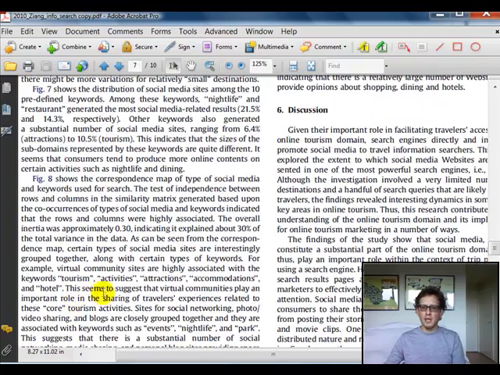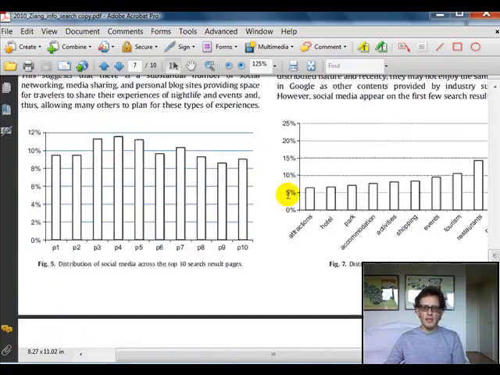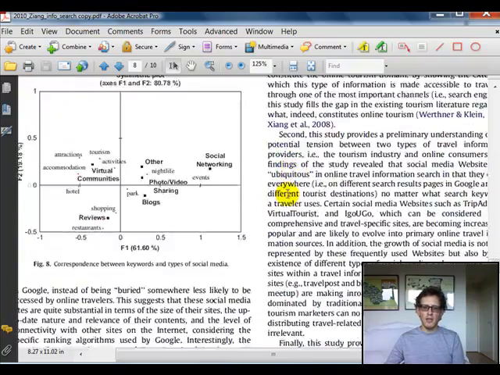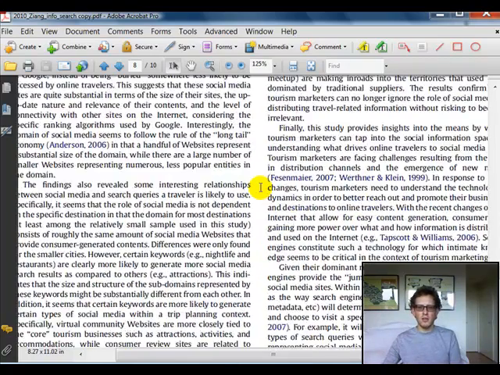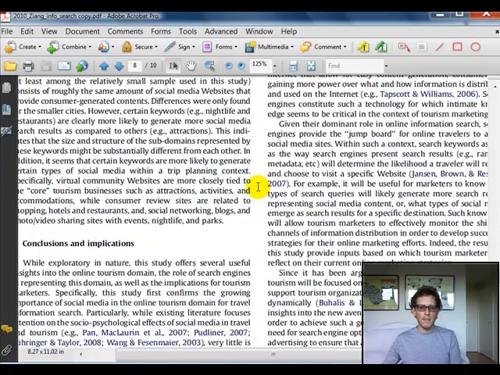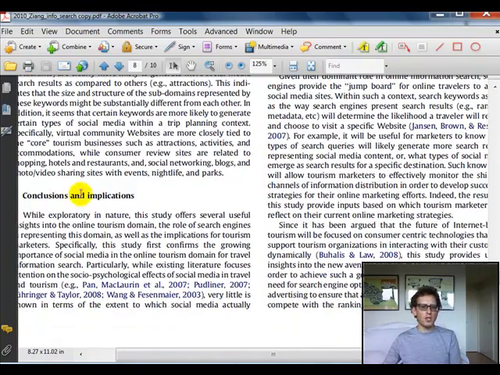Okay, here's the next section. That's the discussion. Again, in the discussion, they are making the argument that whatever was missing from previous research on social media and information search, their study has put in there. And then they have a part called conclusions and implications. And here they're summarizing some of their findings.